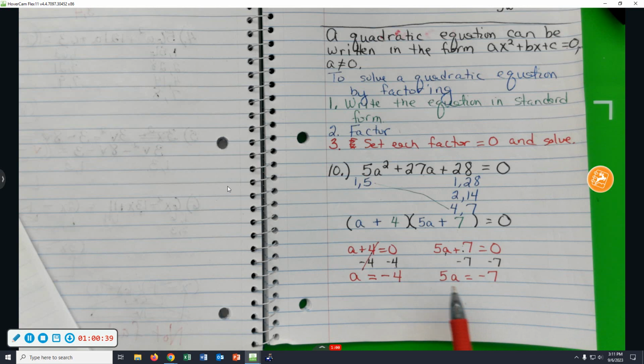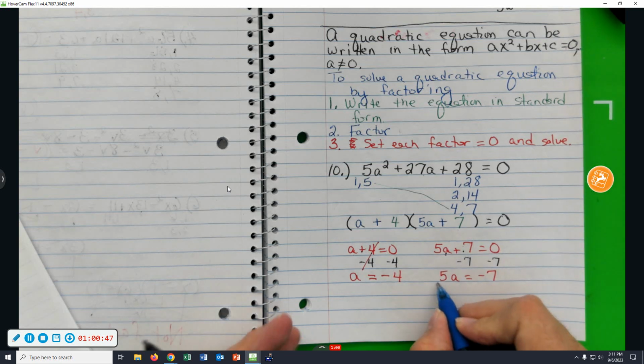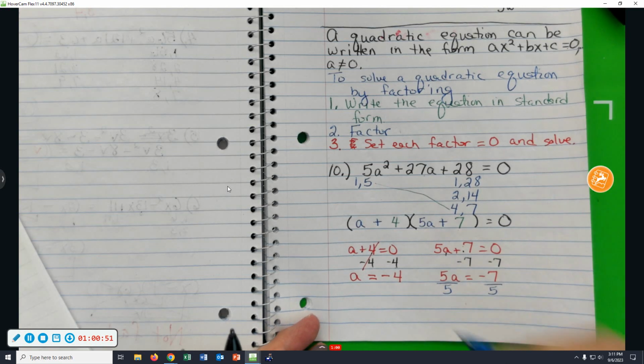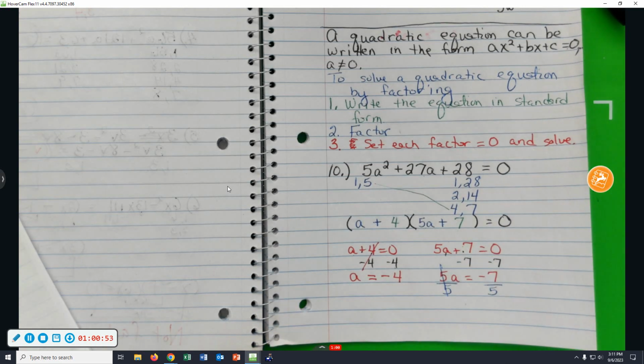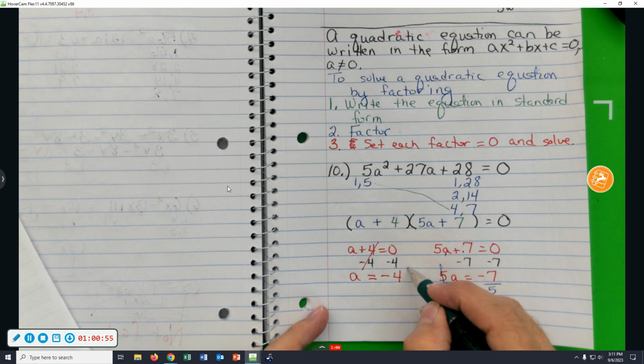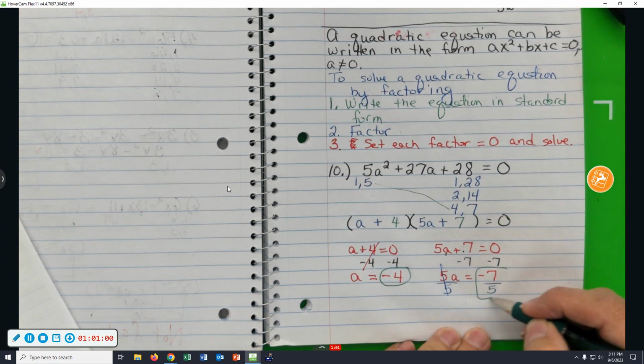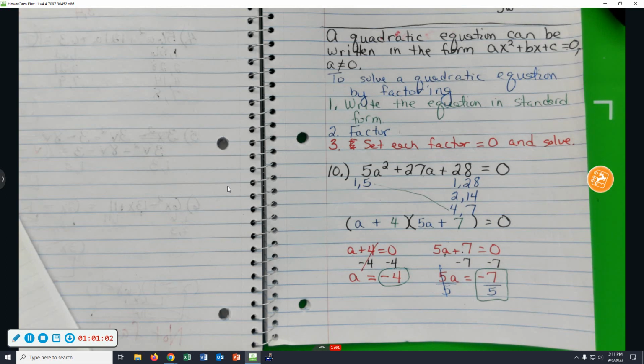And now, this 5a means 5 times a. What's the opposite operation of multiplication? Division, so you divide both sides. I'm thinking we're going to have a fraction here as our answer. We have two answers, negative 4 and negative 7 over 5.